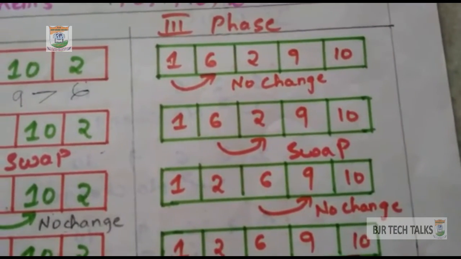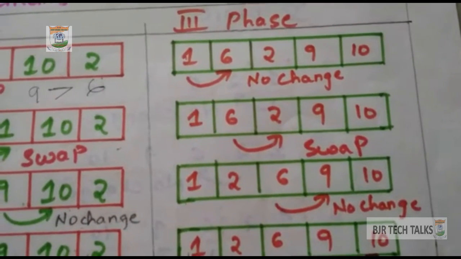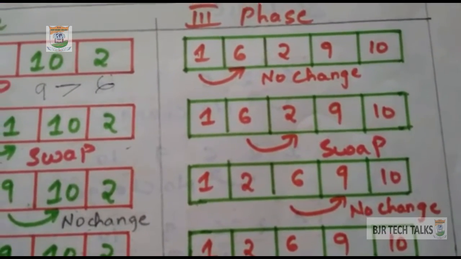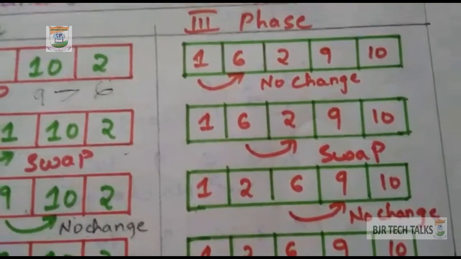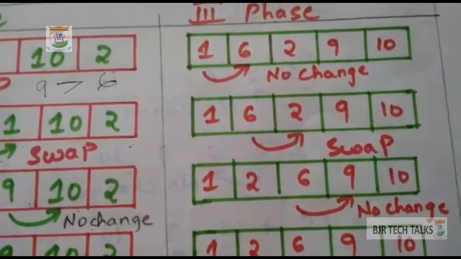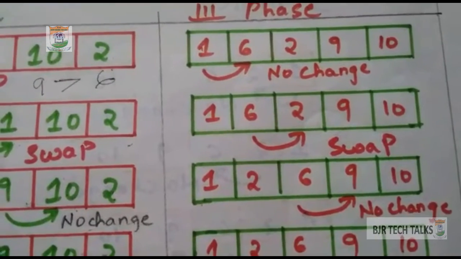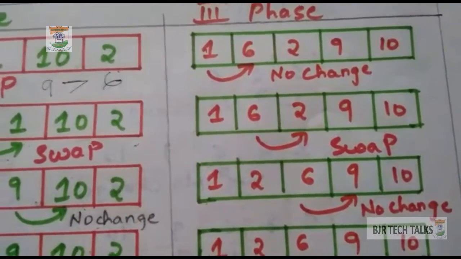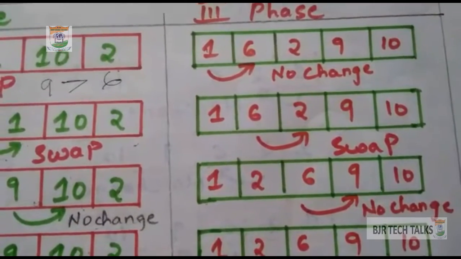So 9 and 10 are constant because their places won't change. And when 1 is compared to 6, 1 is less than 6, so no change. And when 6 is compared to 2, 6 is greater than 2, so here it changes. So 2 comes before the 6.